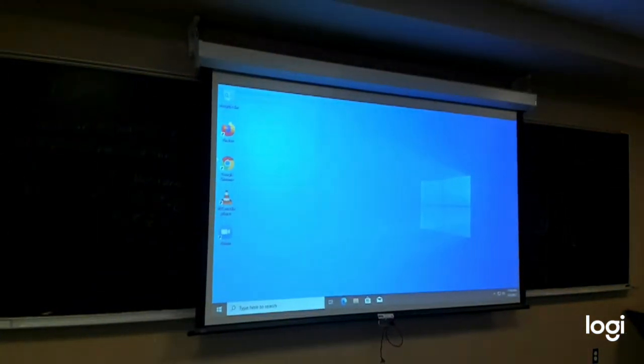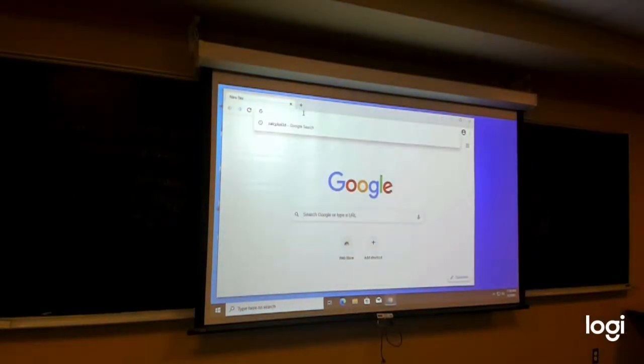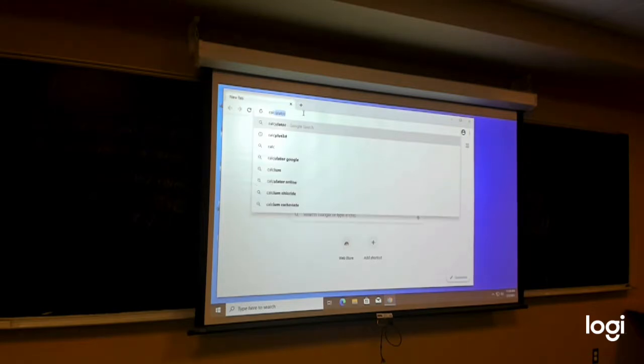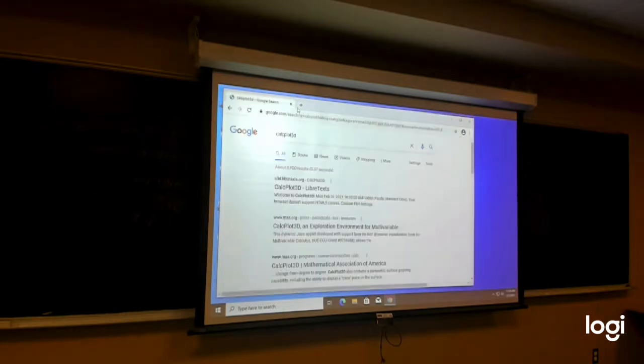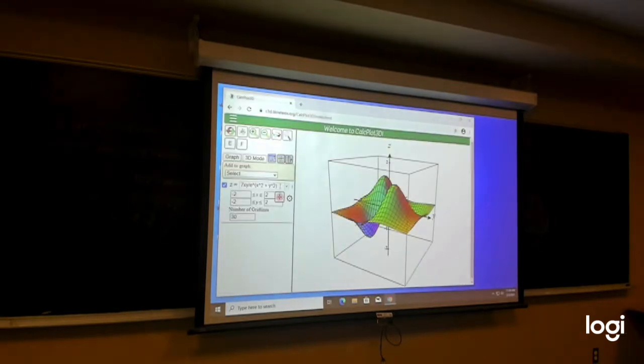So if I go into the browser and go to CalcPlot 3D, which again is linked on Blackboard if you want.